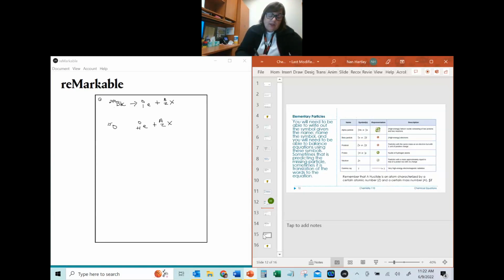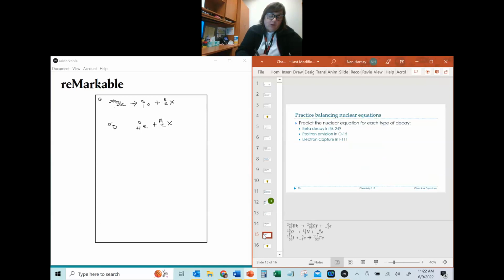So we'll talk about that in a second. And then I have electron capture in I111. My electron is going to be a beta particle. So 0, 1E. Okay, awesome. Electron capture, so he's a reactant.